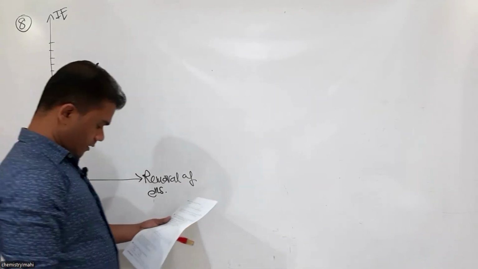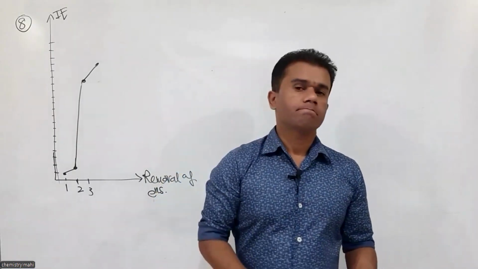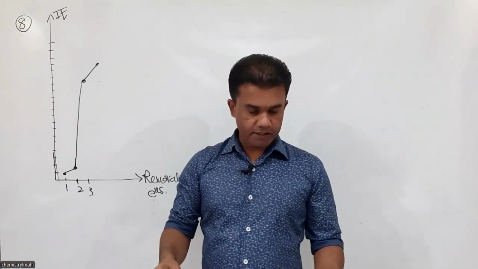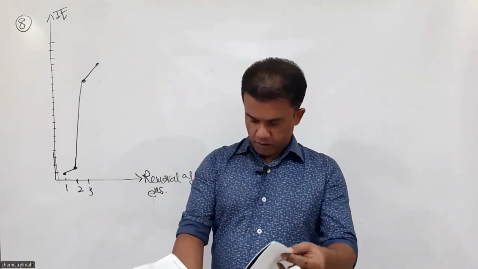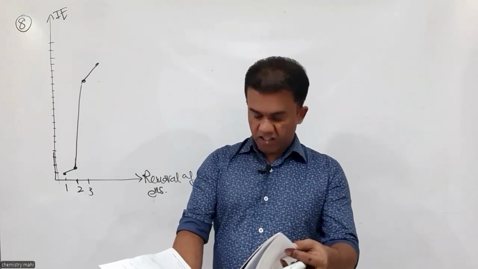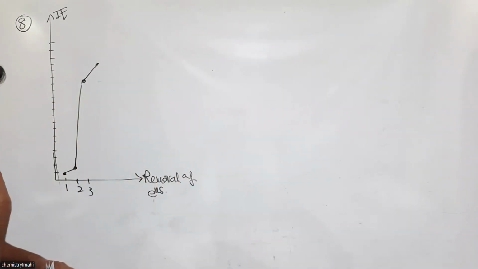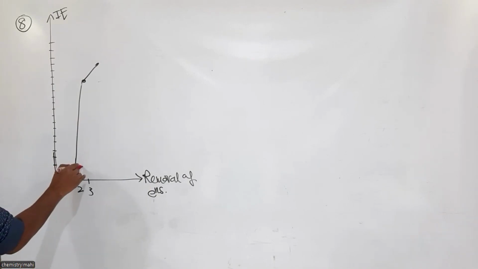This is the diagram which represents successive ionization energy, but there are only four successive ionization energies given. Then they ask to which group of the periodic table, to which family, means the group. Then it is easy to understand. I told you, go to the bottom part and see how many electrons are there.